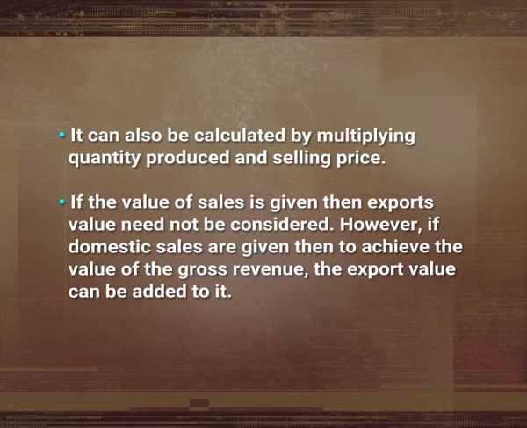If the value of sales is given, then exports value need not be considered. However, if domestic sales are given, then to achieve the value of the gross revenue, the export value can be added to it. Intermediate consumption corresponds to summation of all inputs and raw material used in the making of product.